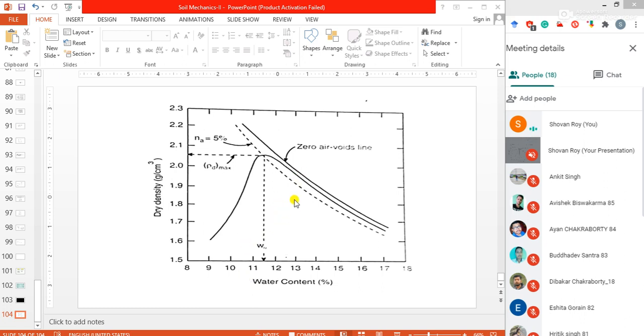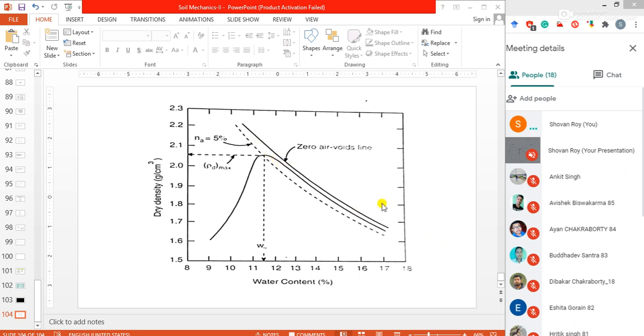At that stage we can also calculate the percentage of air voids. When the water content value and the dry density value are available, the zero air voids value can also be calculated, and when these values are available, we can draw the zero air voids line.